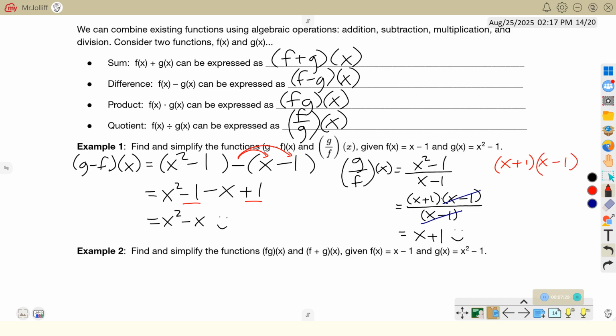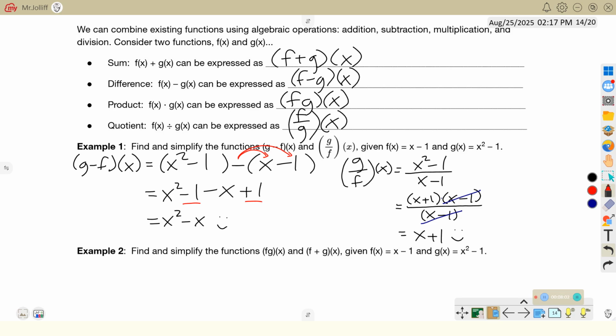If I FOIL that back out, x times x is x squared. x and minus 1 are minus x. x and plus 1 are plus x. And plus 1 times minus 1 is minus 1. And you'll notice we get back to x squared minus 1. So it's there, it's just hidden. Good question.